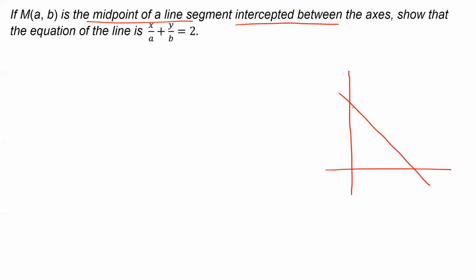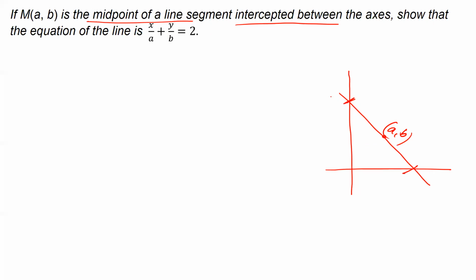So what is the line segment between the axes? This is the line segment intercepted between the axes, and the question says that its midpoint, this point, is (a, b). So the question says that this midpoint is (a, b), and we need to prove that this is going to be the equation of the line.